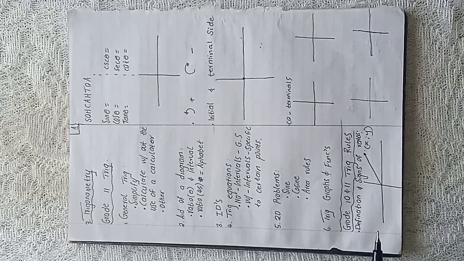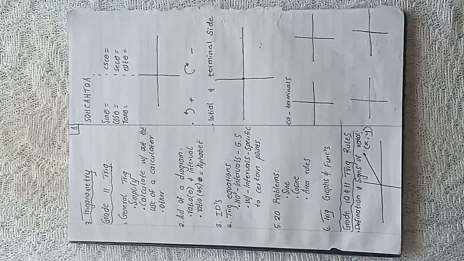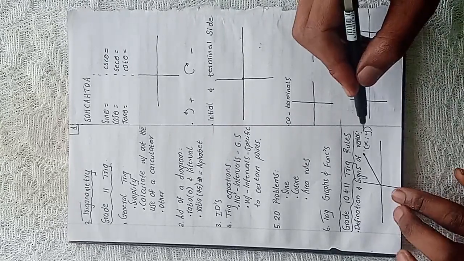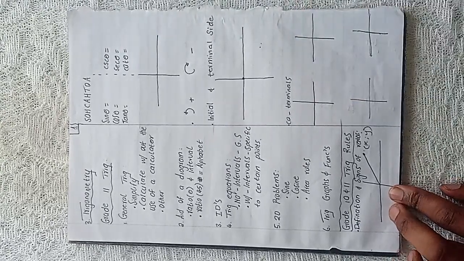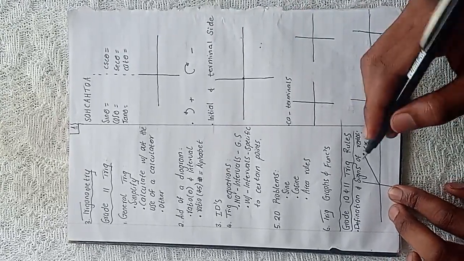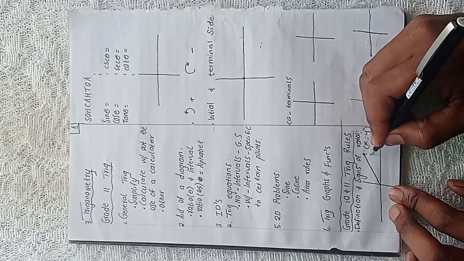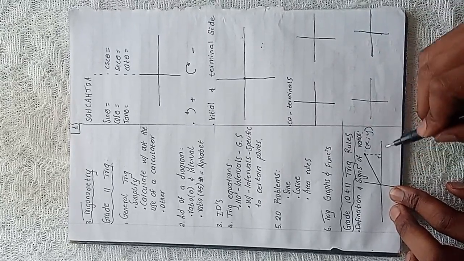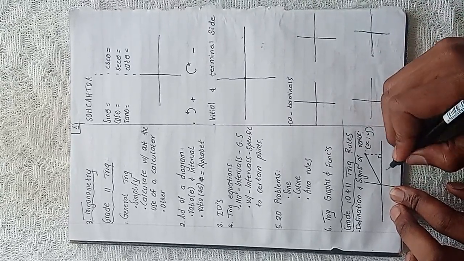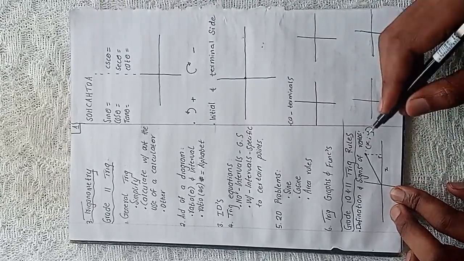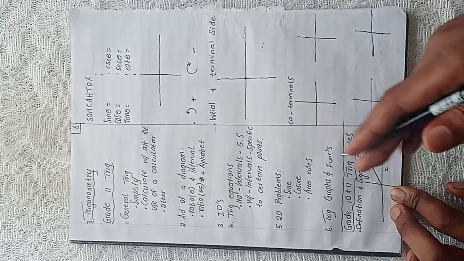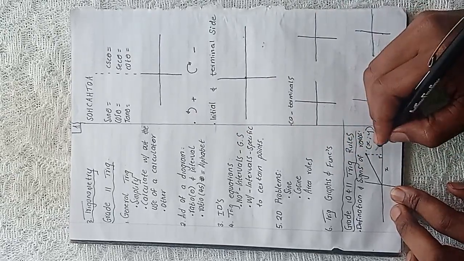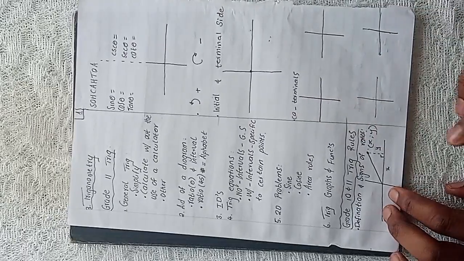Okay, definition and signs of ratios. For instance, let's say we are given this point, which is x, y, and let me draw a triangle, a nice triangle. On the x-axis from here to here I have x, and vertically I have y. SOHCAHTOA.